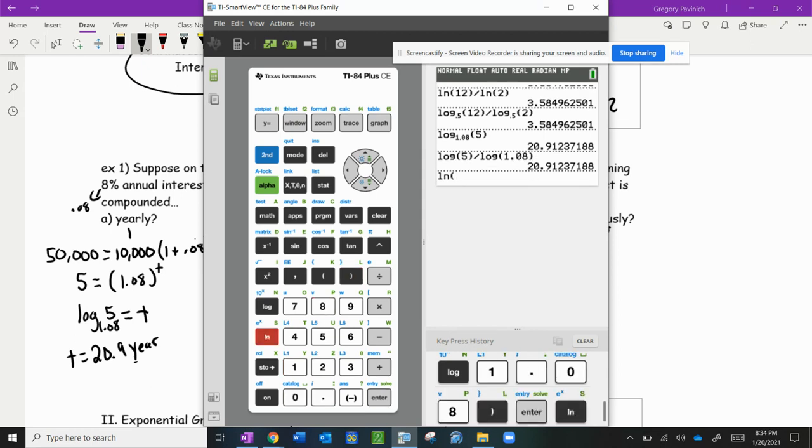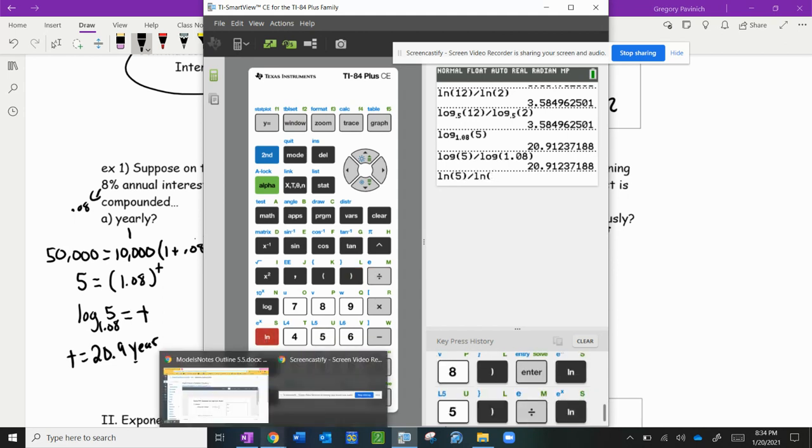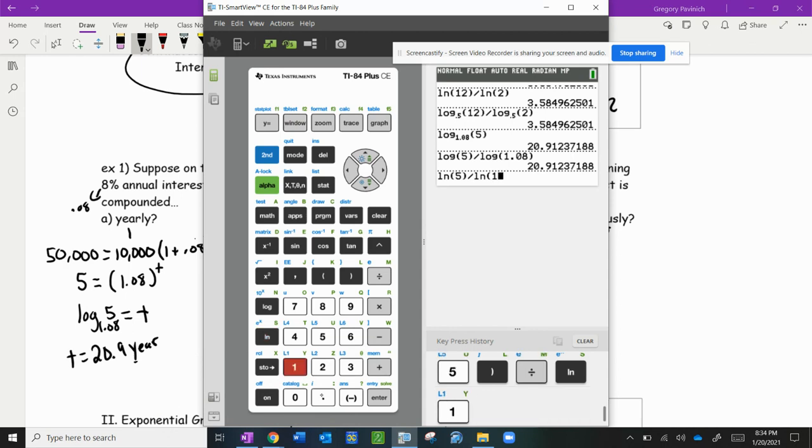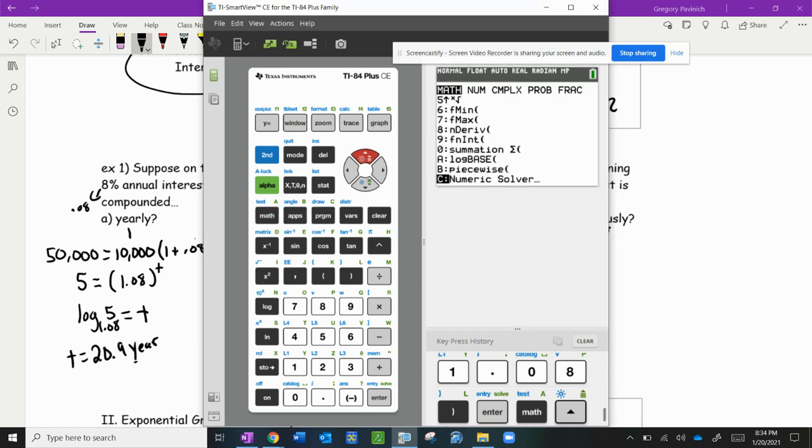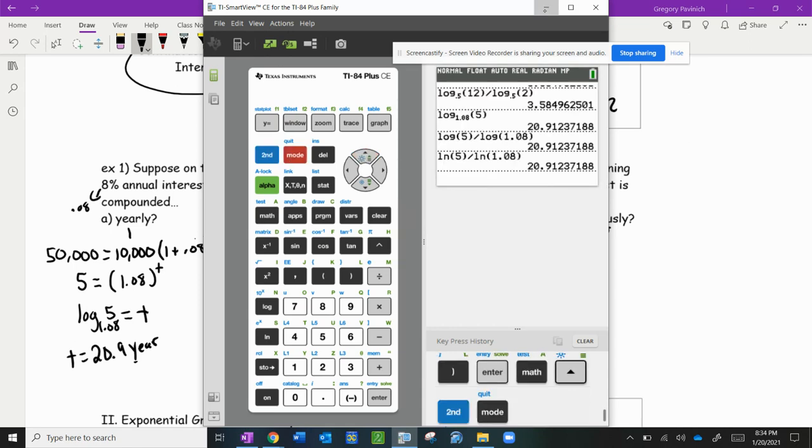I could also use natural log of 5 divided by the natural log of 1.08. So that's a workaround if your calculator doesn't have this upgraded software where you can put in the base. You can just change the base.